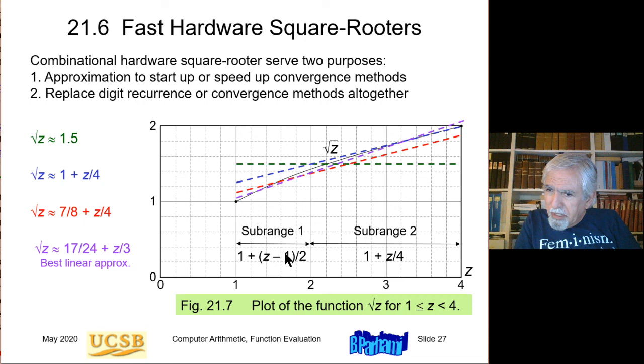Okay, so there are a lot of different ways to approximate square root, either just as a way of computing square root when high precision is not required. So in certain signal processing applications, these approximations may be good enough, but they certainly can be used as the starting approximation for convergence methods.